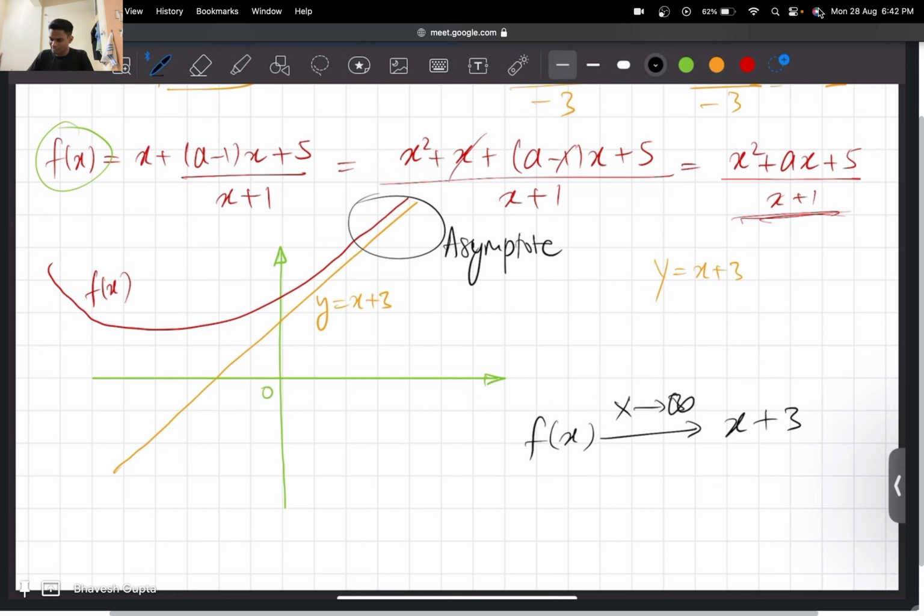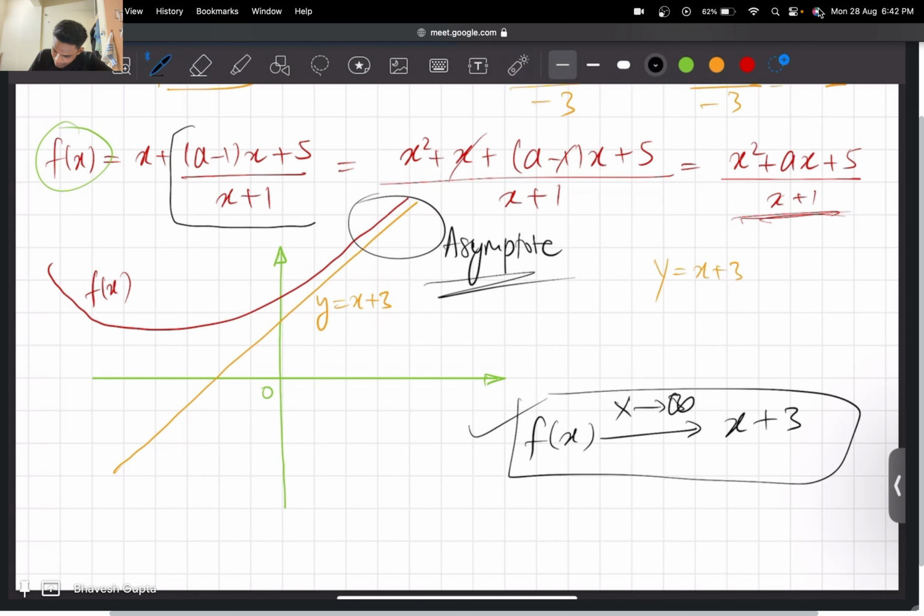So from this, you can now see what this question is basically trying to tell you. It is asking you to solve this limit such that this value tends to 3, for x going to infinity.